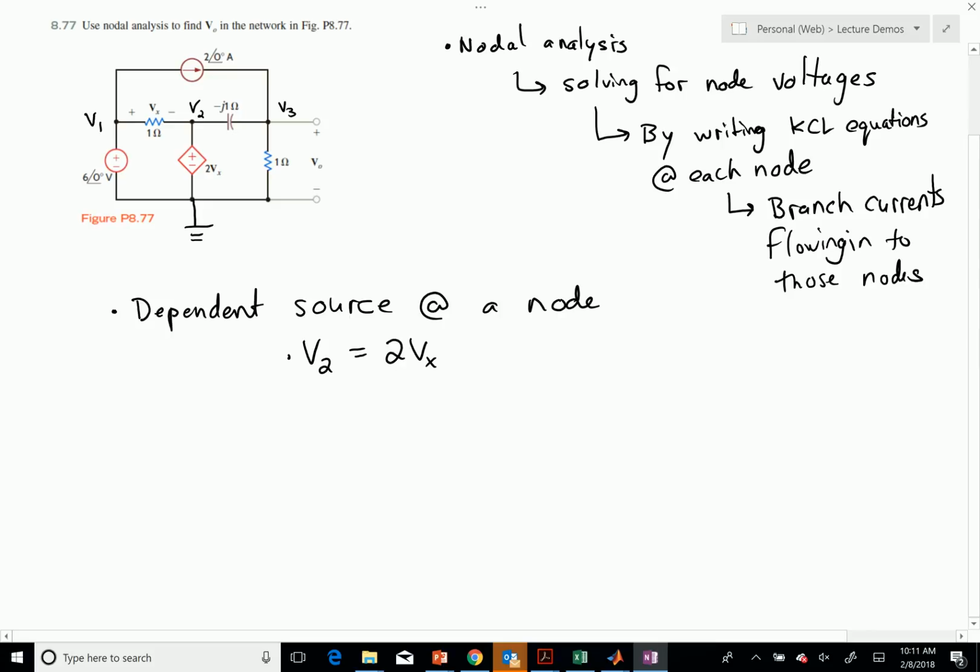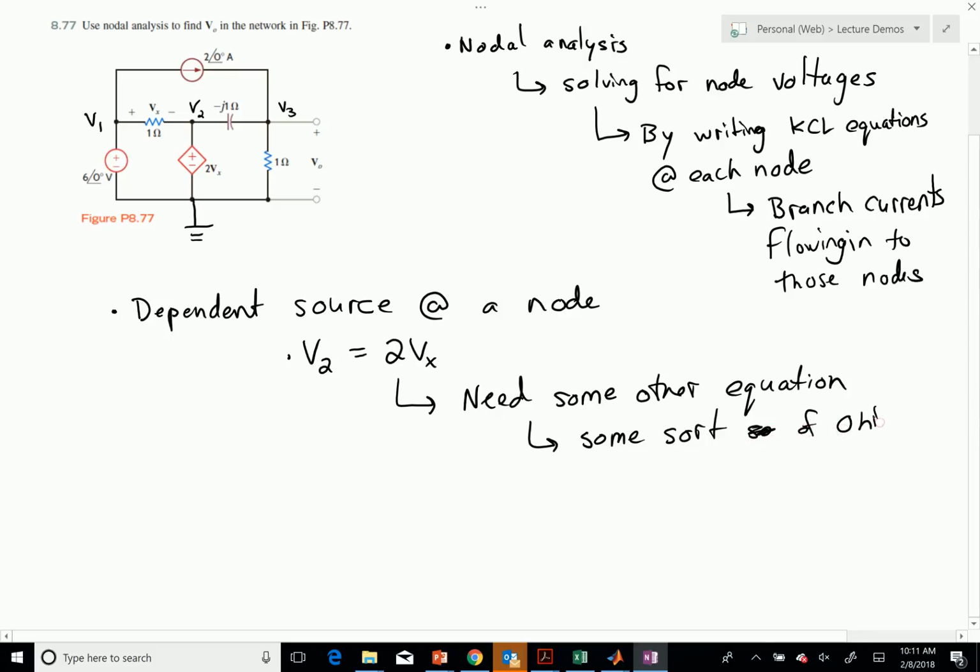Well, in this case where I have a dependent source, I'm going to need some other equation, and most likely that equation is going to be some sort of Ohm's law relationship from elsewhere in the circuit.